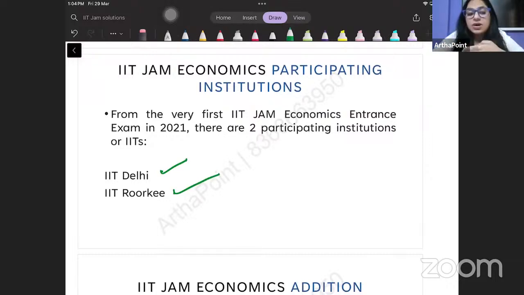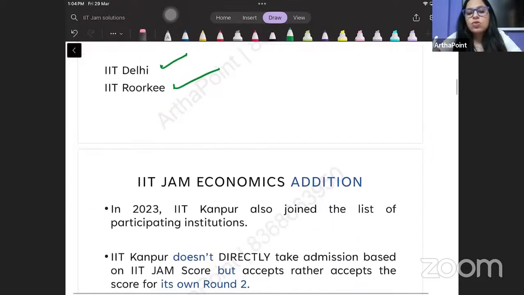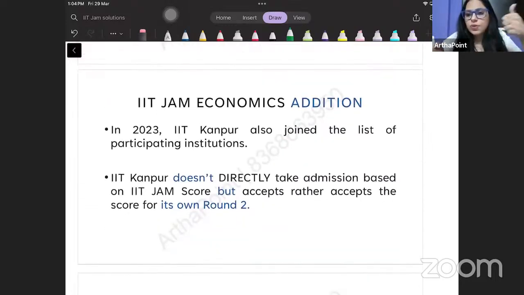But with time, other IITs have also become a part of IIT JAM Economics paper. And now we have in 2023, that means last year, IIT Kanpur also joined this participating list. ठीक है, उन्होंने भी अब अपने यहाँ पर मास्टर्स इन इकोनॉमिक्स का एग्जाम स्टार्ट कर दिया.